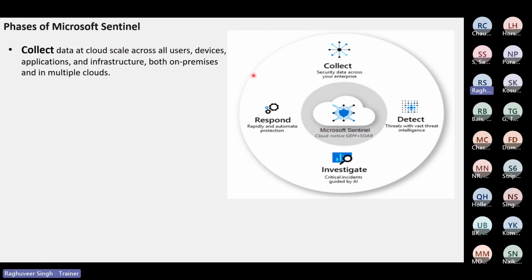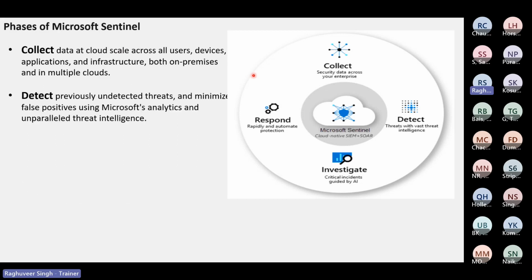So in collect phase, Sentinel is collecting data from all of the data sources that we have configured. Then comes the detect phase, which is the next phase with Sentinel. In the detect phase, it will analyze the data. It will analyze any potential threat, and it will minimize false positives, which means it will not unnecessarily create alerts thinking that it could be a threat.